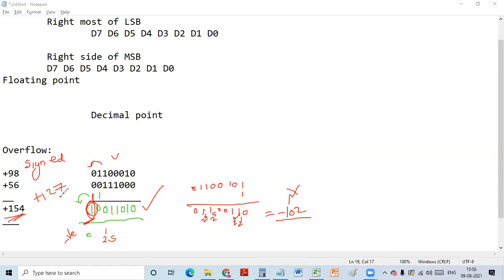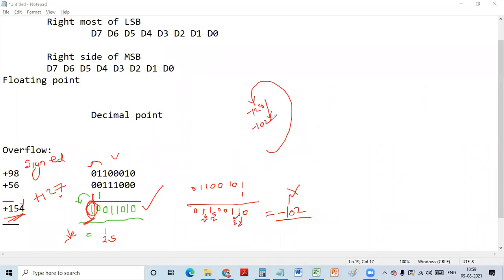Beyond this, I cannot represent. So the result exceeds the maximum value and it goes by a procedure called wraparound condition. Again, it starts from minus 128 in this manner and it reaches minus 102 to give my result. This is what is called wraparound condition.